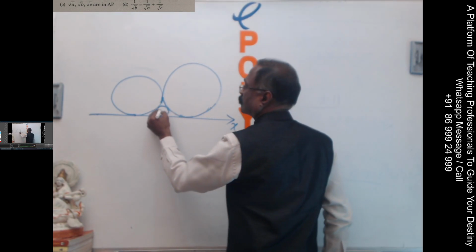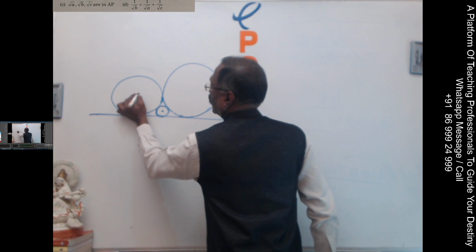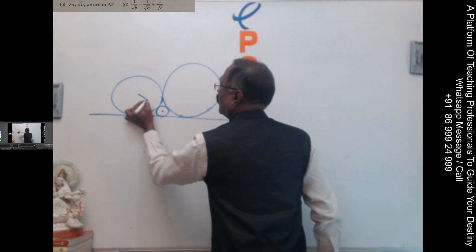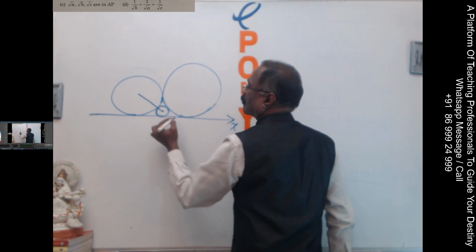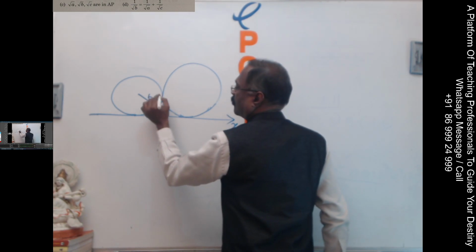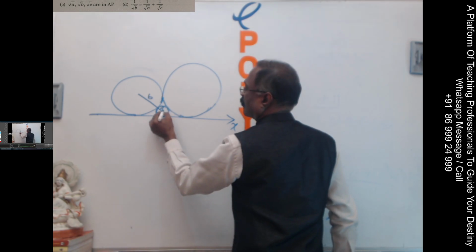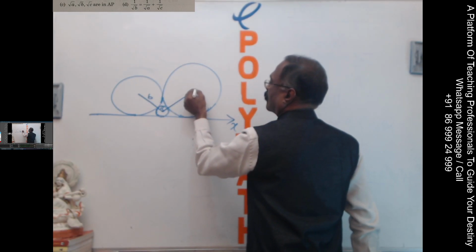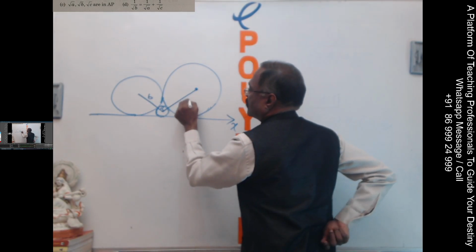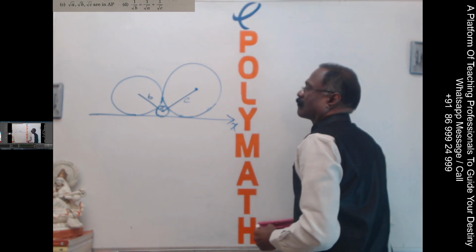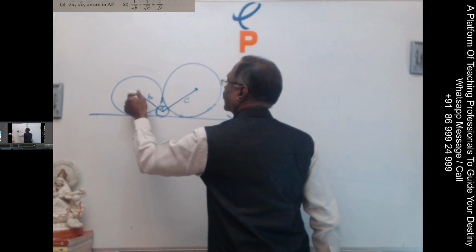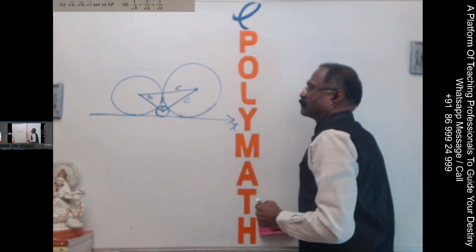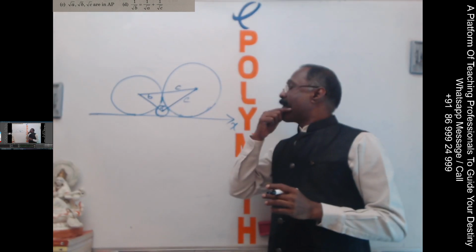So now, when these two are touching each other externally, this is B, this is A. When these two are touching externally, that is B, this is C. See the construction there.